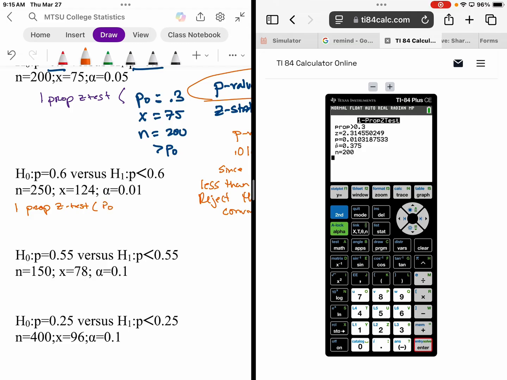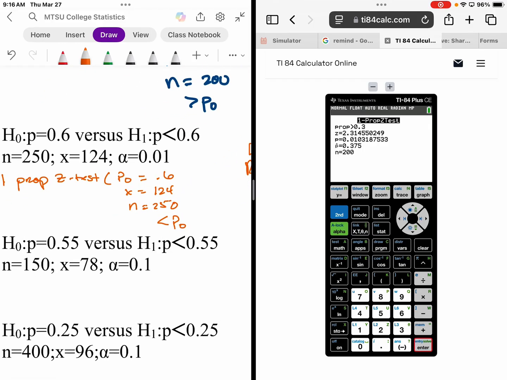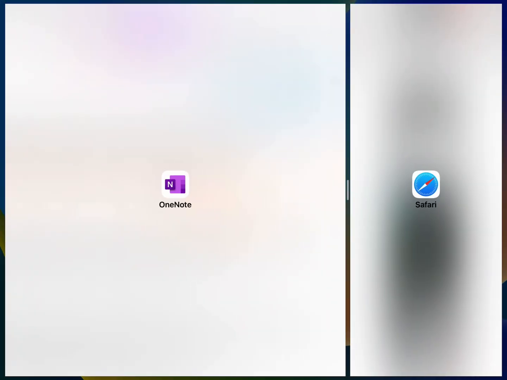And again, my P naught is 0.6. My X is 124. My N is 250. And they told us that we're doing less than. So I'm going to go less than P naught for my symbols. And then I'm going to go over to my calculator.